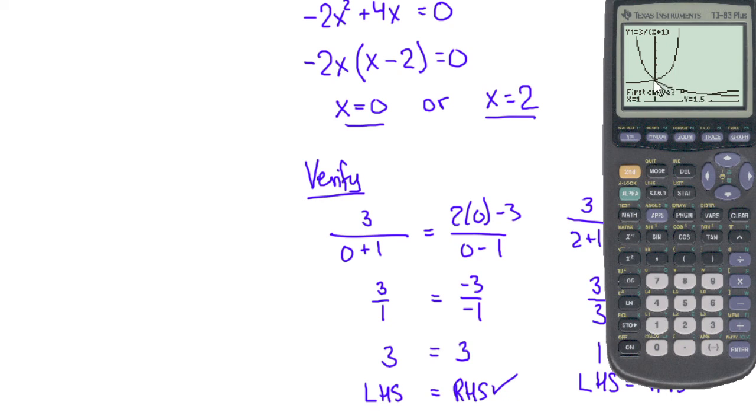So let's start by looking for the left-hand point, this one here. So what we want to make sure, when it says first curve and you see that cursor, you want to move that cursor closer to that point of intersection, closer to that one than to the other one. That way the calculator gets the hint that this is the one we're looking for.